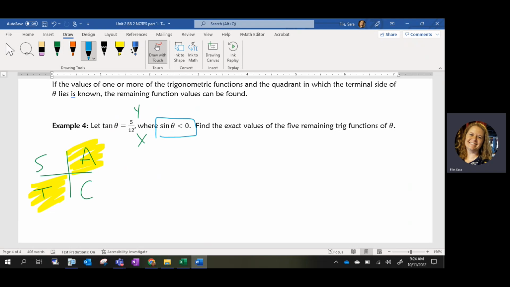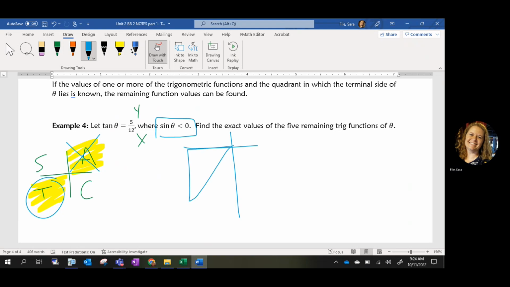Well, I know none of them are negative in quadrant 1. So we must be talking about quadrant 3 for sine to be negative, but tangent to be positive. So I'm going to draw my triangle in quadrant 3. And I know that the x is 12 and the y is 5.